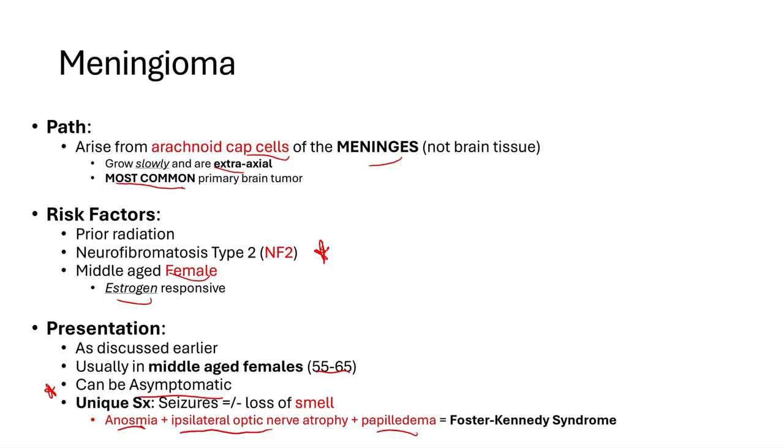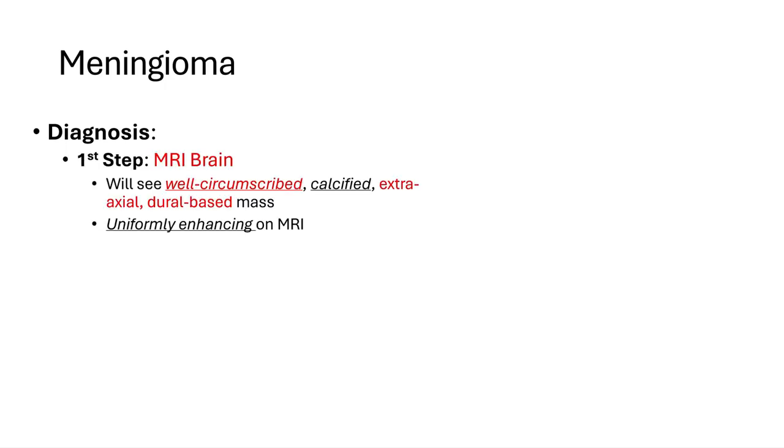If you get this triad in the setting of a meningioma, this is known as Foster-Kennedy syndrome. So sometimes on question stems, they like to give you the mass that we'll talk about in the upcoming slides, as well as these 3 symptoms, and they want you to know that it's associated with meningiomas as well as Foster-Kennedy syndrome.